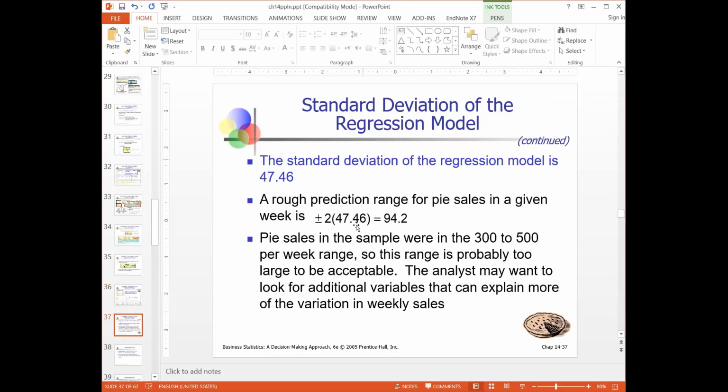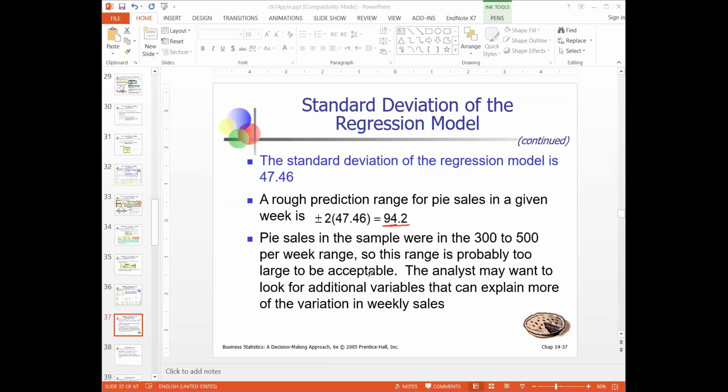So here it tries to interpret. The standard deviation of the regression model is 47.46. So it means that the rough prediction range for the pie sales in a given week is 94.72.